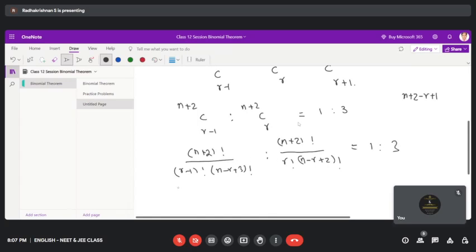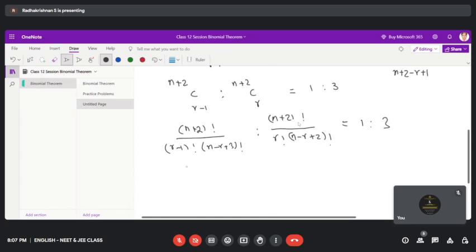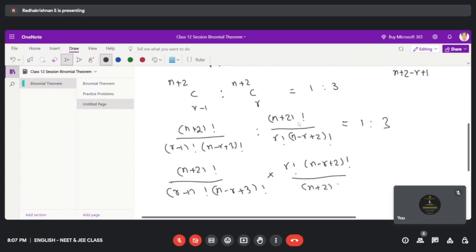So this ratio is, so I'm dividing. These two go and you get an r here.